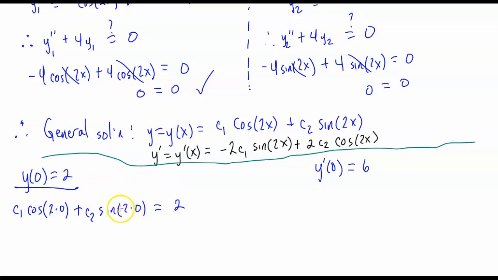Now, we know here that sine of 2 times 0 is sine of 0, which is 0, so this entire term will be 0. And here we know that cosine of 0 is just going to be 1. So what that shows us is that C1 is going to be equal to 2.